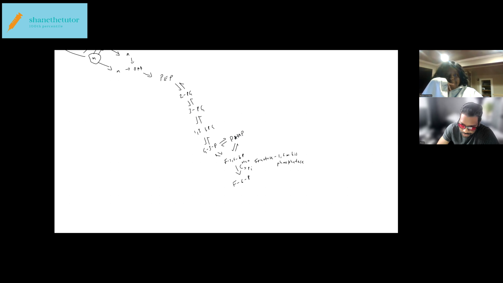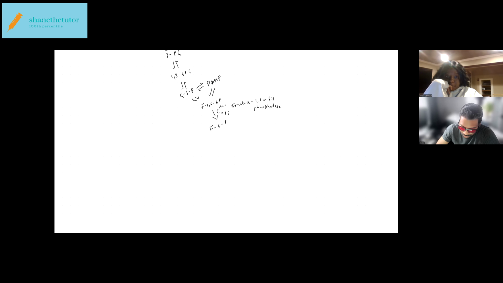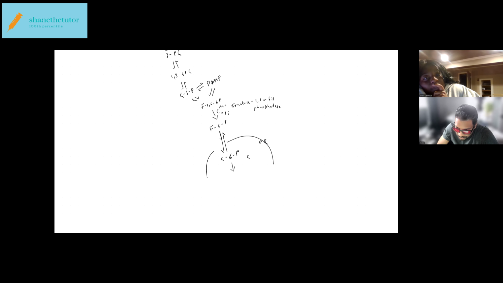And then that can enter into the endoplasmic reticulum, where it can isomerize into glucose 6-phosphate, and that's where we have our glucose 6-phosphatase, which is also a hydrolase that releases your inorganic phosphate to get glucose.